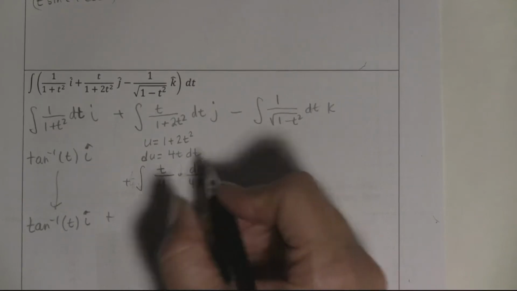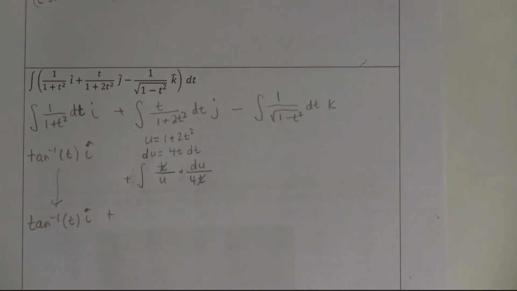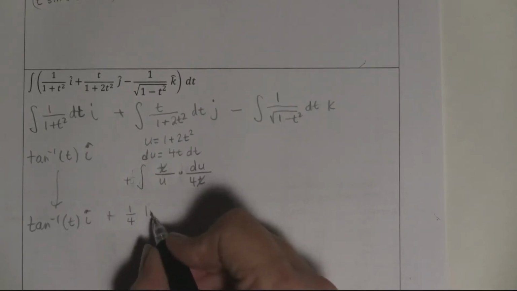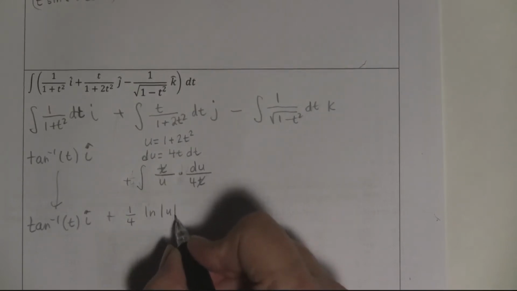So the t's drop out, and I have the integral of 1/4 times 1 over u. I hope you remember the integral of 1 over u. So this is going to be 1/4 the natural log of the absolute value of u.